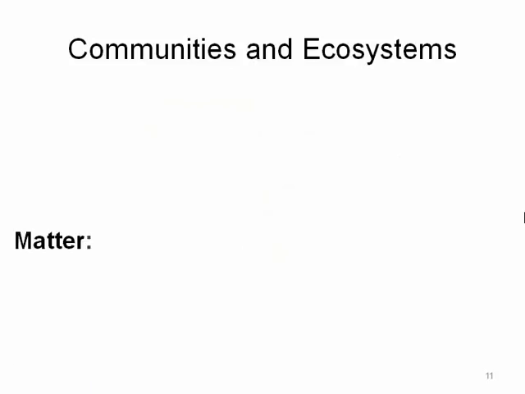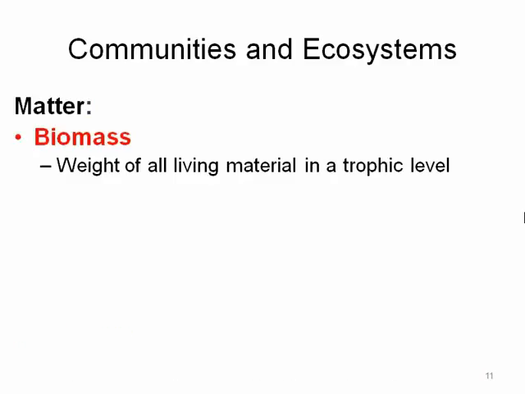Communities and ecosystems contain matter, and in that we distinguish largely the term biomass, which is the weight of all living material, and a trophic level, which we'll define in a moment. Another important thing they do is pass energy through the ecosystem as well. That's done through this notion of a trophic level.